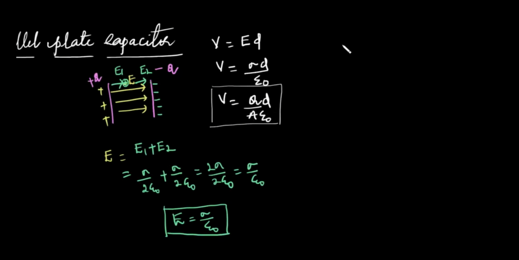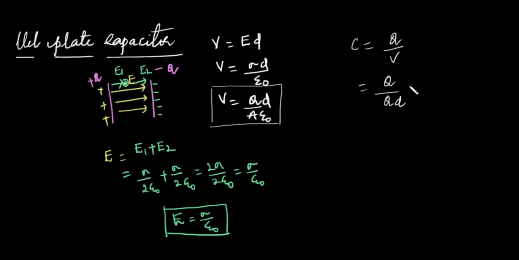Now the capacitance C of a parallel plate capacitor, C is equal to Q by V. The V value we got here, we will substitute: QD by A epsilon naught.